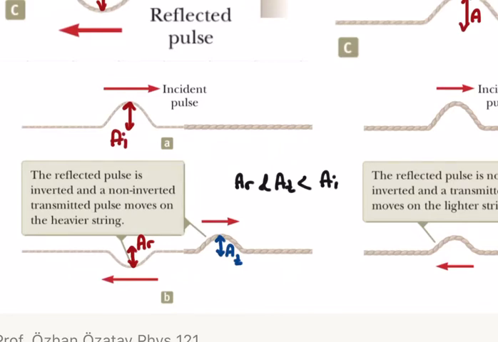So partial reflection, partial transmission. The reflected pulse is inverted, but it has lower amplitude. The transmitted pulse is not inverted, and it has a lower amplitude compared to the incident pulse.